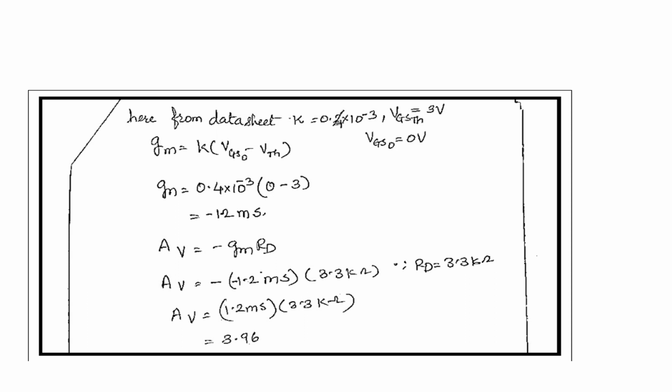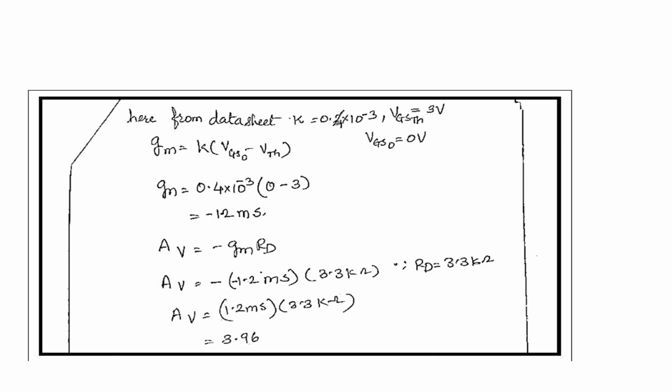So from the data sheet now pick up the values that are required. K is equal to 0.4 into 10 raised to minus 3. Then the gate to source threshold voltage is 3 volts and the gate to source voltage is equal to 0 volts. Substitute it, and the value of gm is equal to 1.2 millisiemens.